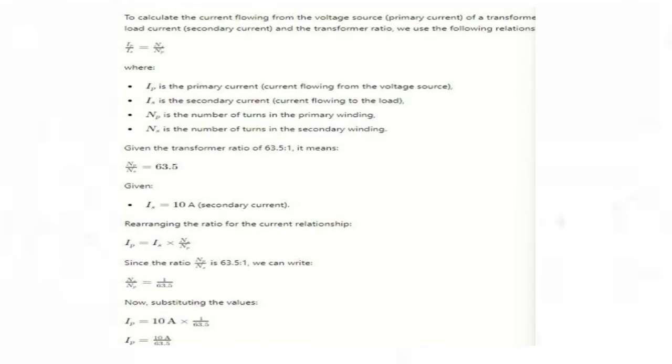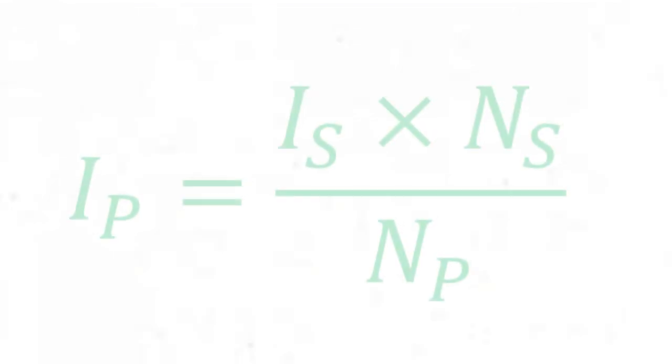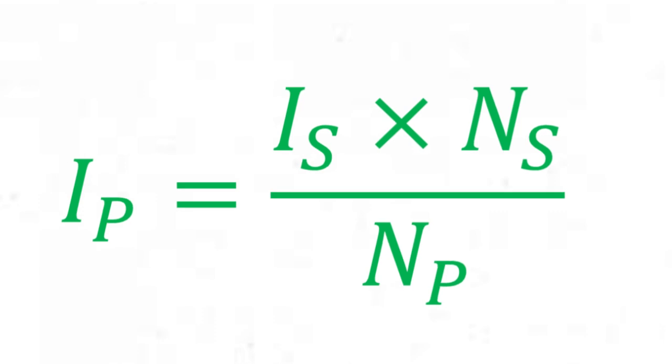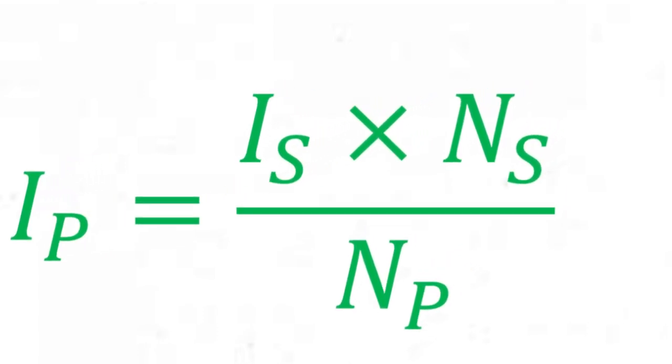Given that transformer ratio of 63.5 to 1, it means that the number of turns on the primary will be 63.5 and the number of turns on the secondary will be 1. We also know that the secondary current is 10 amps. So in order for us to make IP the subject, we rearrange the formula.